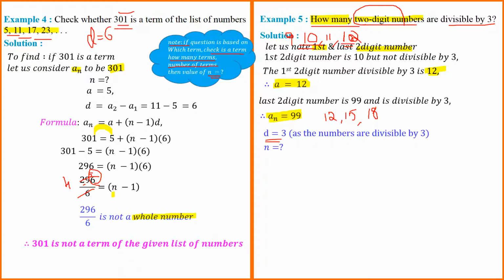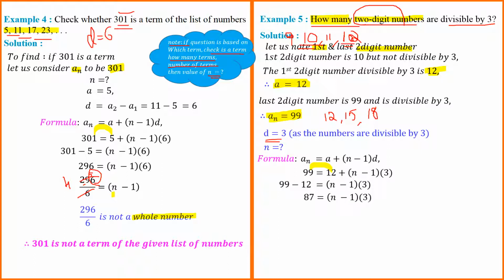Then note down the formula and substitute the values accordingly. You get the value of n. So an is equal to the last number, which is 99, a value is 12, (n - 1) times 3. Then transpose 12 to the other side, it's going to be minus 12. So we have 87, then divided by 3.